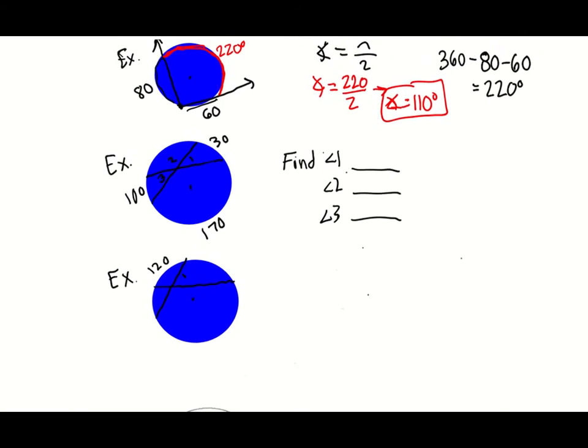Okay, let's look at number 2 here. If we have our angles, 3 angles here, are inside our circle, but they're not at our center. So my equation for this one is going to be angle equals arc plus arc over 2.